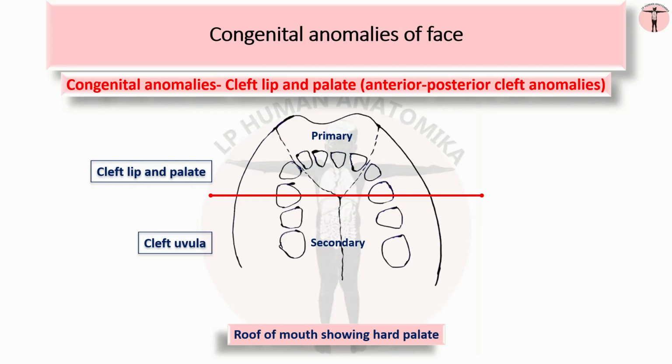Anterior clefts vary in severity from a barely visible defect in the vermilion of the lip to the extension into the nose. In severe cases, the cleft extends to a deeper level, forming the cleft of the upper jaw, and the maxilla is split between the lateral incisor and canine tooth.